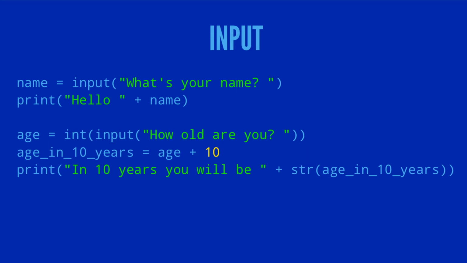But if that was a string, it wouldn't work. That is why we have to change it to an integer first. Then, because we're going to add that integer to a string again in the last sentence, print in 10 years you will be, we are casting it again to a string. And that's why it has the plus str, age in 10 years.